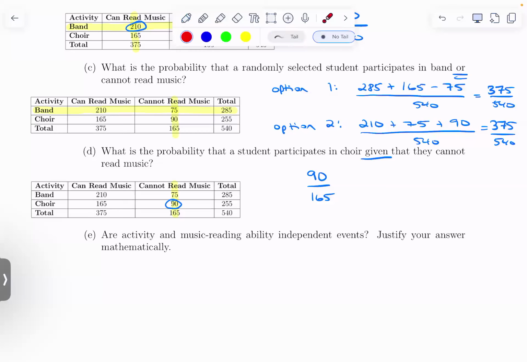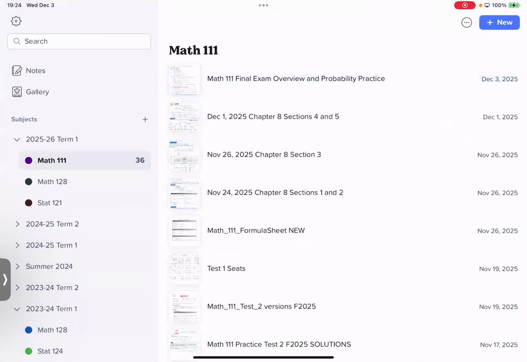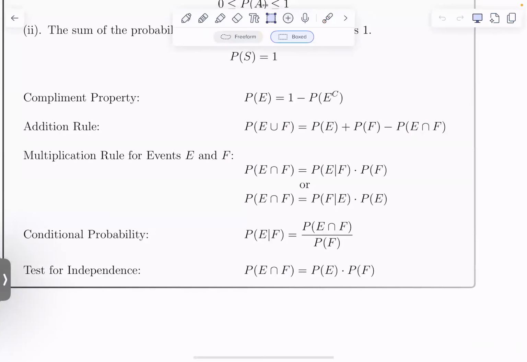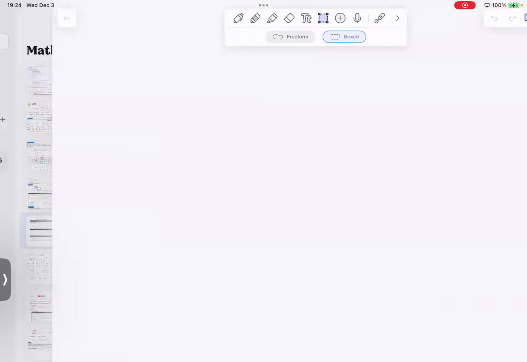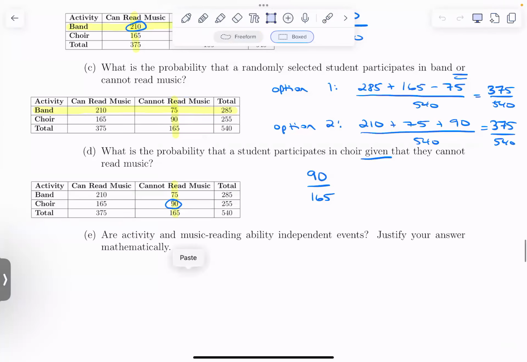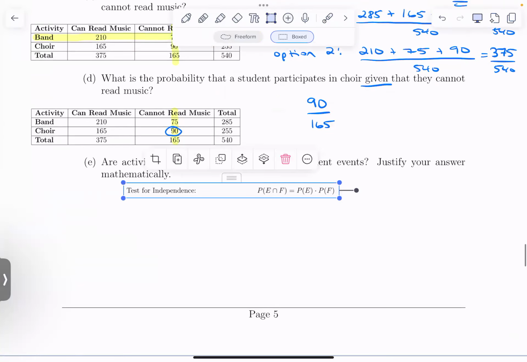Are activity and music reading ability independent events? Justify your answer mathematically. There's a couple of different ways that we could solve this, but the one I want you to focus on is the generic one on your formula sheet. The test for independence. Now there's a little bit of a leap here that you have to make.